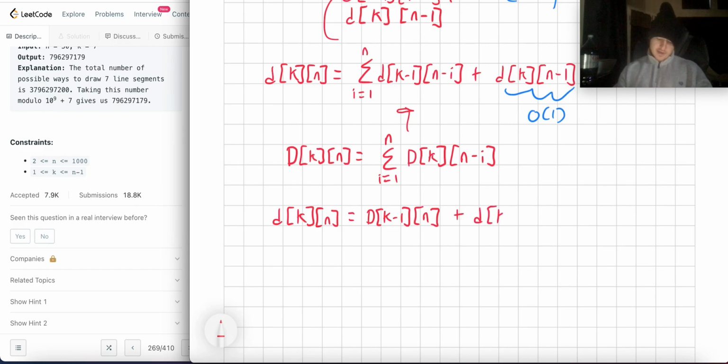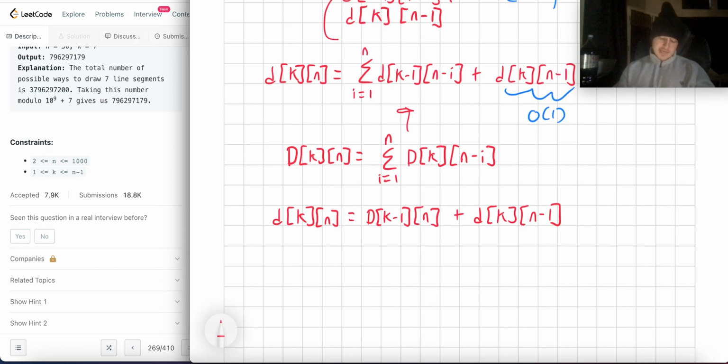d of k n minus 1. So then you might be just saying right now, okay, well, that's just a foolish substitution. Who cares, right? I guess the idea here is then we could update this system.